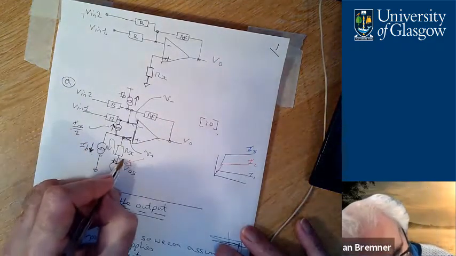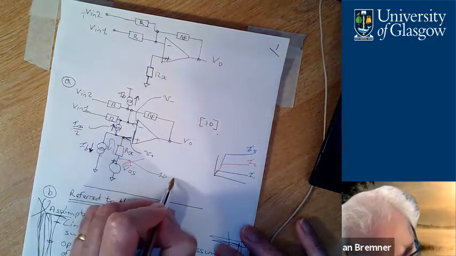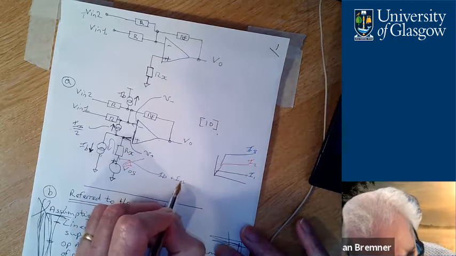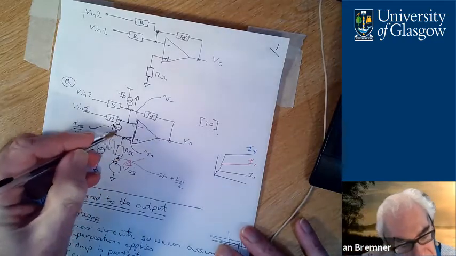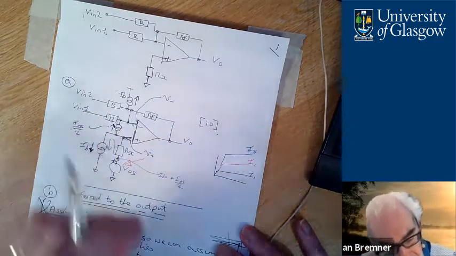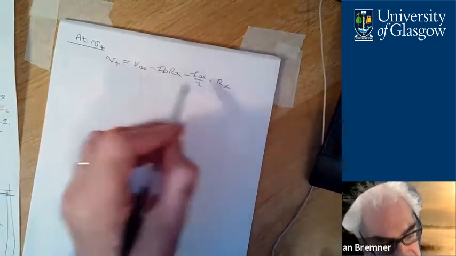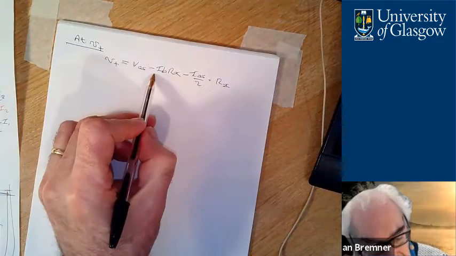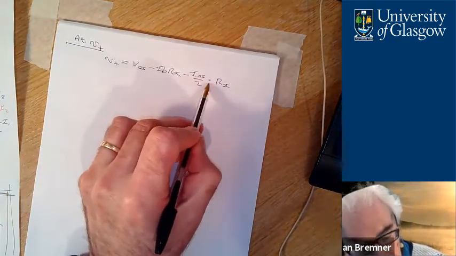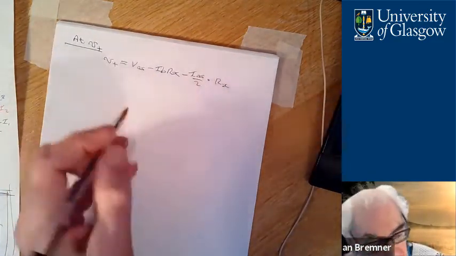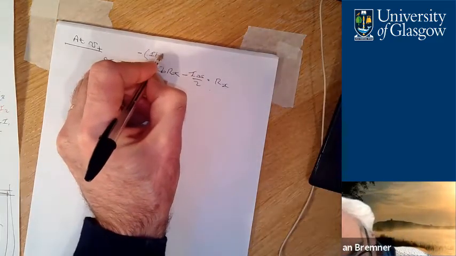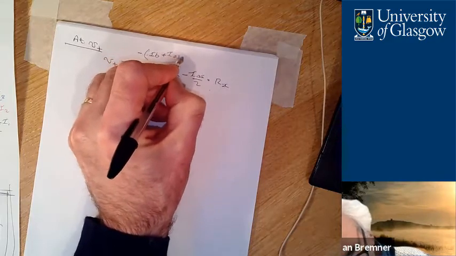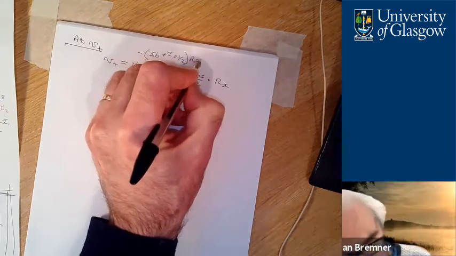Here we have IB plus IOS over 2 flowing in that direction, and that has the effect of changing the voltage at V plus. So the expression is VOS minus IB times Rx minus IOS over 2 times Rx. You could have written that minus IB plus IOS over 2 times Rx. Your choice.